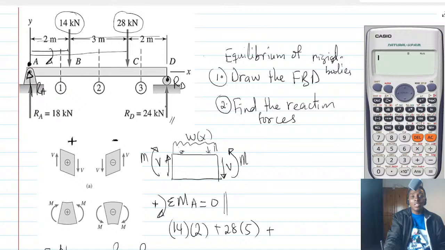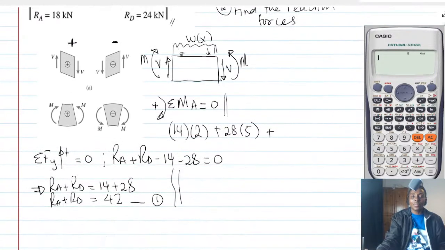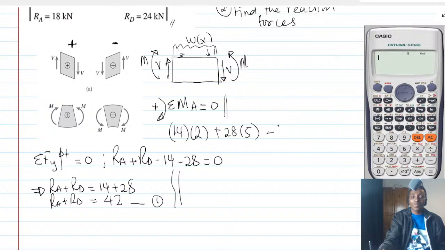It's RD multiplied by 7, and that is counterclockwise, so minus 7 RD, is equal to 0. Is that right?